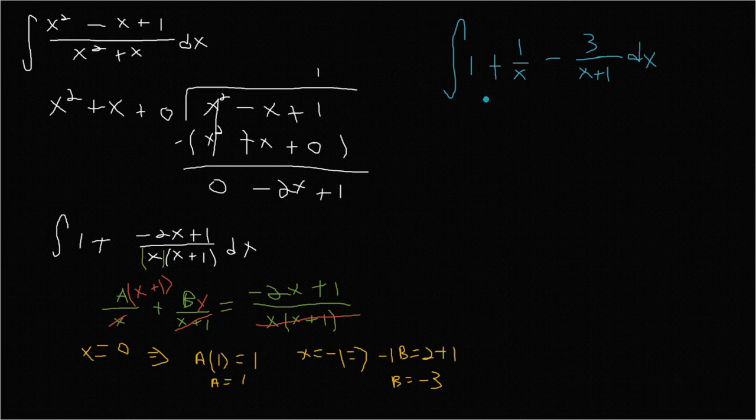And so when we integrate this, integrating 1 we have x, and then the integral of 1 over x is ln x by definition. And then we have 3, because this is the number on top, times the natural log of what's on the denominator, so x plus 1. And then plus c.